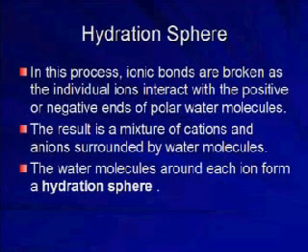The hydration sphere. In this process, ionic bonds are broken as individual ions interact with the positive or the negative ends of polar water molecules. The result is a mixture of cations and anions, each surrounded by water molecules. The water molecules surround each ion, forming a hydration sphere.